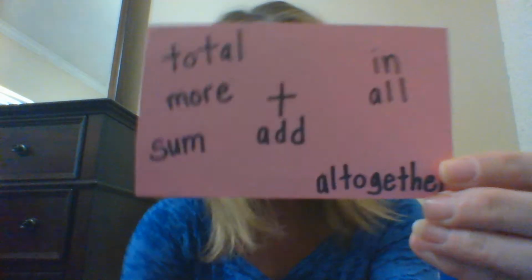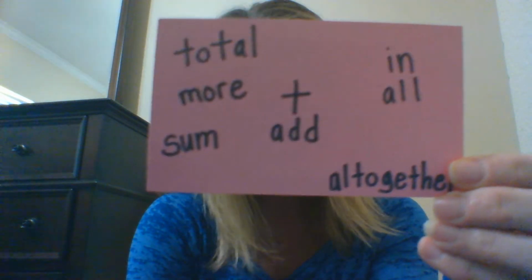If you hear any of these words, it's going to tell you, I need to add and put things together. My number is getting greater. The total will be greater than what I started with.